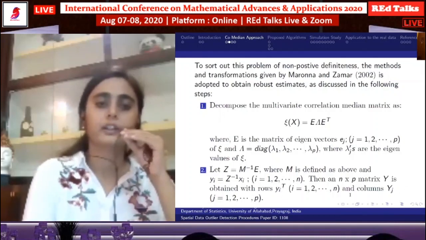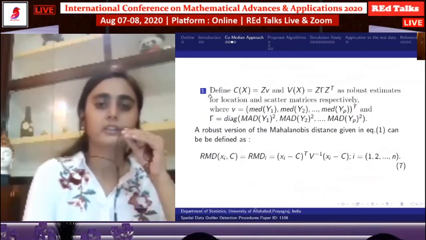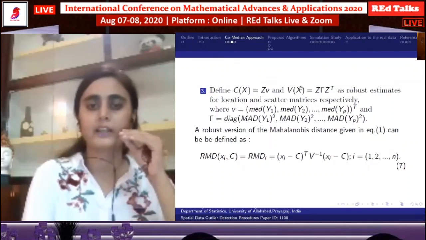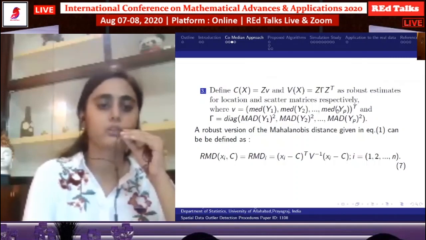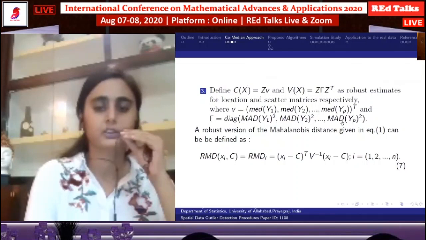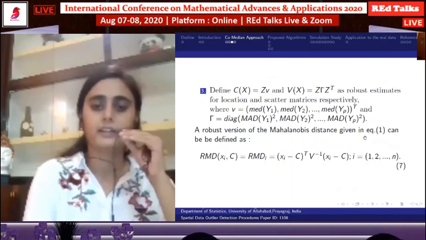Thereafter, the robust estimates for the center or location and for the shape or scatter matrix are obtained by this, where V is defined as this and gamma is defined as this. Also, a robust version of the Mahalanobis distance defined in equation 1 is defined as in equation 7. This is the robust version of it.